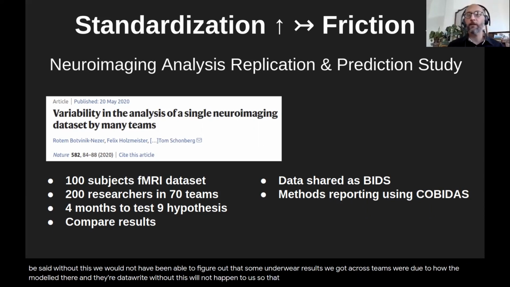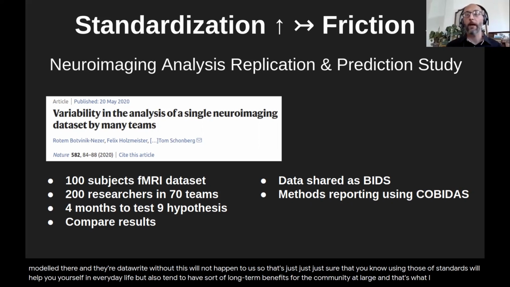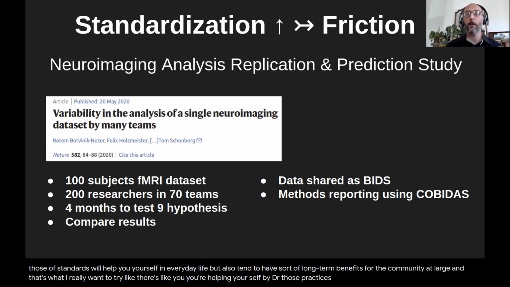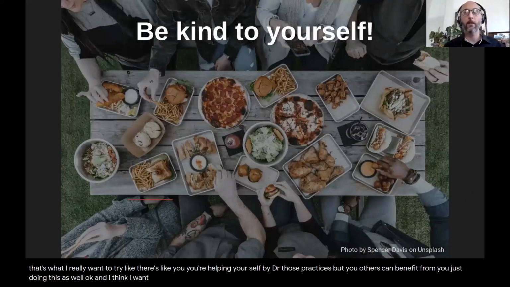So that's just to show that using those standards will help you yourself in everyday life, but also tends to have long-term benefits for the community at large. That's what I really wanted to highlight there: you're helping yourself by adopting those practices, but others can then benefit from you just doing this as well.